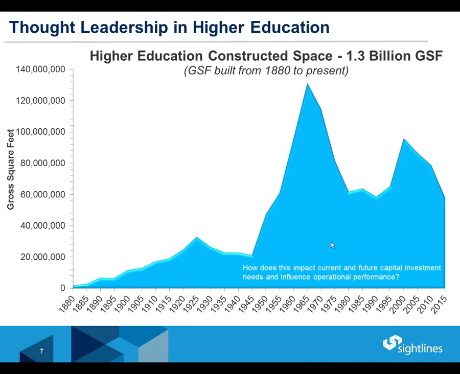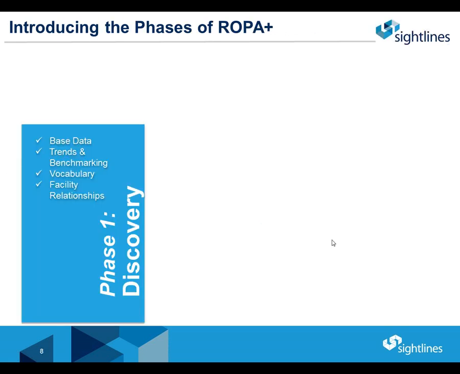So the question is, how does this impact current and future capital investment needs and influence operational performance? So the phases of ROPA Plus really start with discovery, which you're all familiar with. You've all gone through this process where we are collecting extensive amounts of base data, over 200 different metrics, developing trends and benchmarking around those metrics, developing a common vocabulary for you to use across the campus, both from facilities and finance all the way up through your trustees and your boards, and ultimately through the state systems if you're part of a state system.